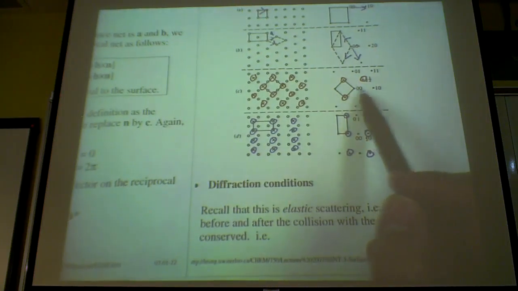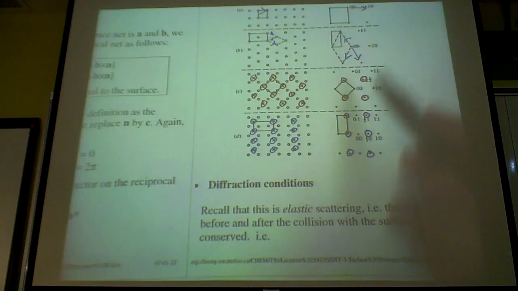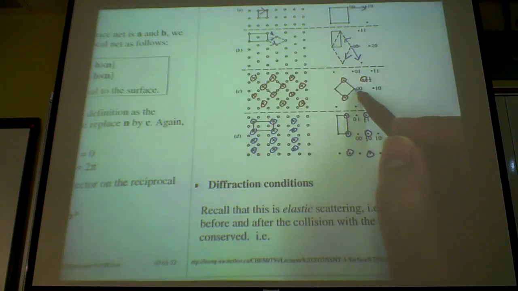If you think about it, these bright spots are the integer order spots. If you define this diffraction spot as 0,0, this becomes 1,0, this becomes 0,1.